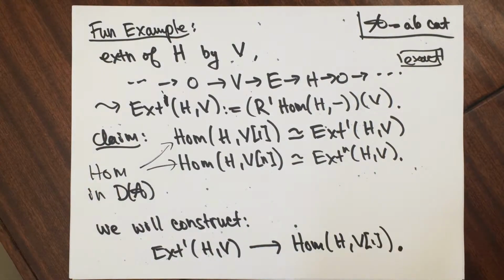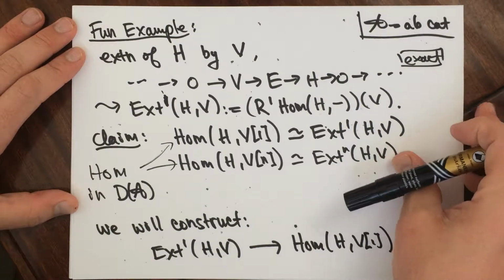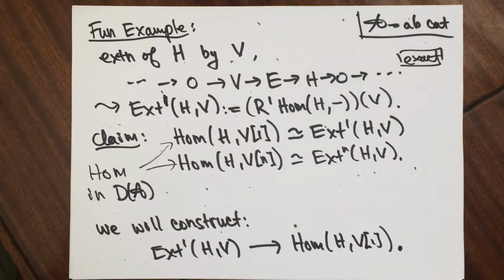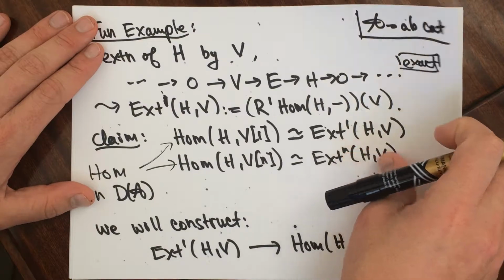And now to do this, I'm actually going to use derived categories. Okay, so I want to construct this map.